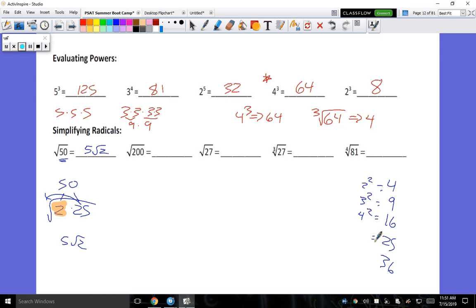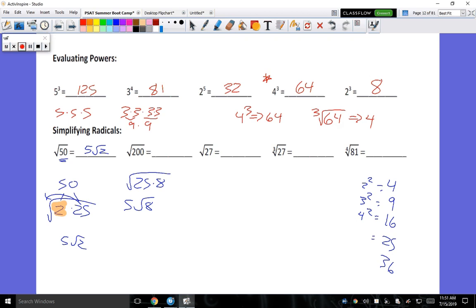Okay? Look at 200, guys. What number do you think I'm thinking about? 25 could be a number. That's a big number, right? 25 and what? 8. But then I realize I'm going to have to pull out from the 8 and pull out from the 25. Will it work? It will work, right? Let's pull the 25 out first. 5 root 8.